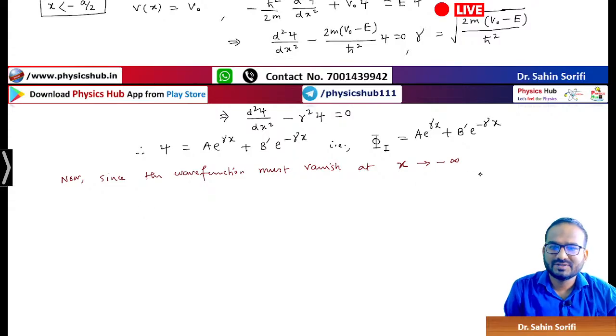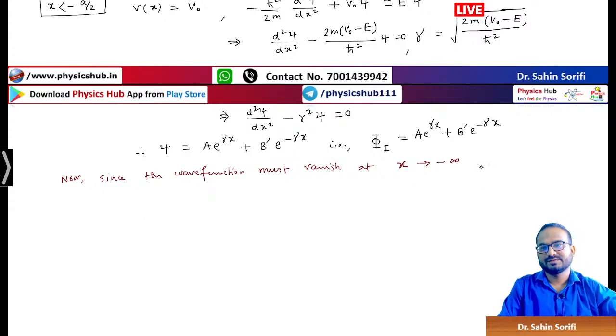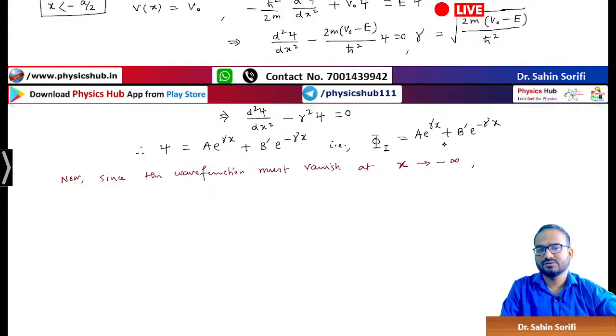Since the wave function must vanish at x equals to minus infinity, what can you write? If you put x equals to minus infinity, this term diverges, but this term follows the property.